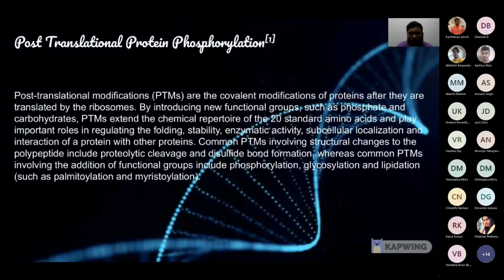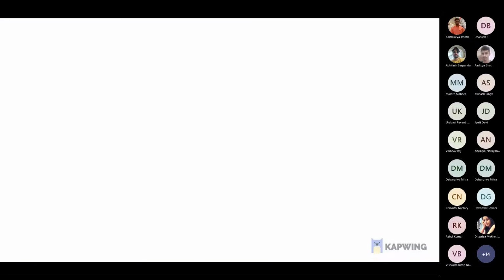Common PTMs involving substructural changes to the polypeptide include proteolytic cleavage and disulfide bond formation, whereas common PTMs involving the addition of functional groups include phosphorylation, glycosylation, and lipidation.